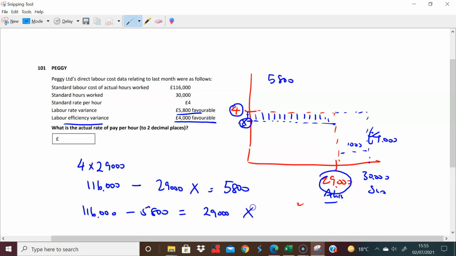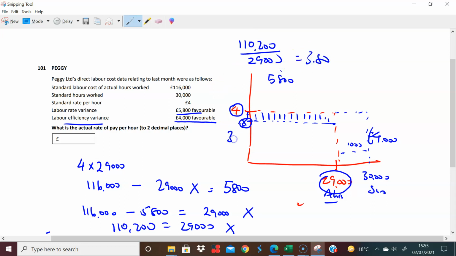So 116,000 minus 5,800 is equal to 29,000x. So 110,200 equals 29,000x. If I'm looking for x, I divide by 29,000, and I have £3.80.